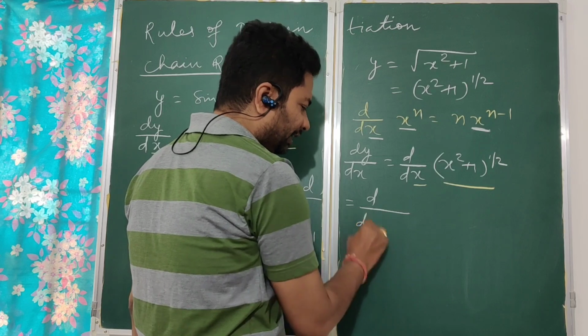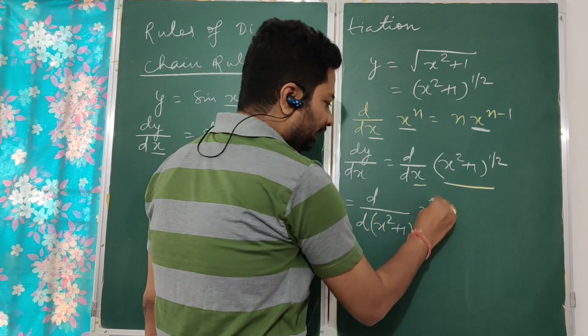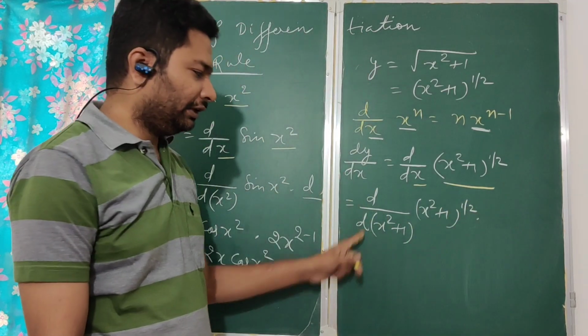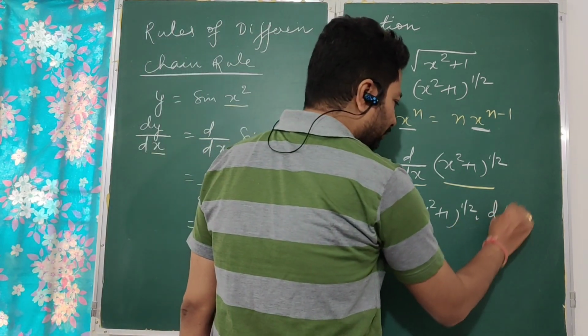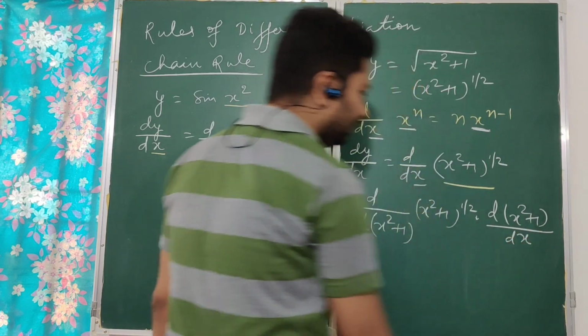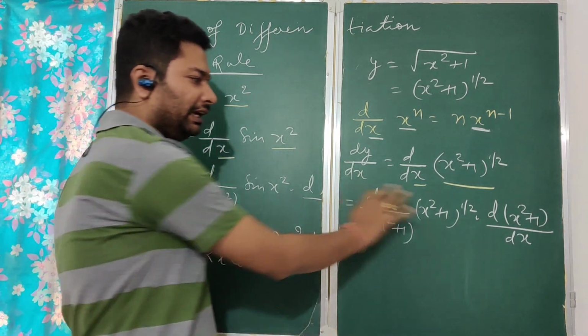So what do I bring here? I bring the same thing, x square plus 1, in the denominator: d of x square plus 1 by dx. Correct? So nothing has changed.